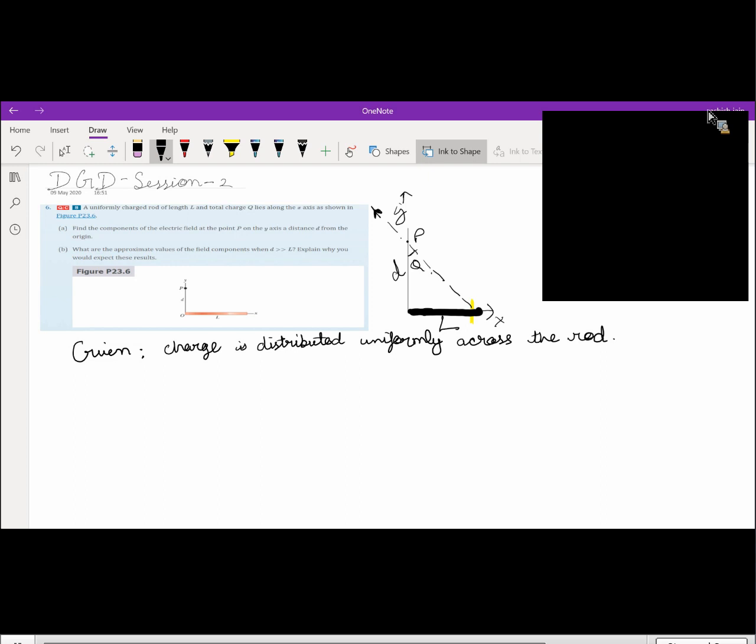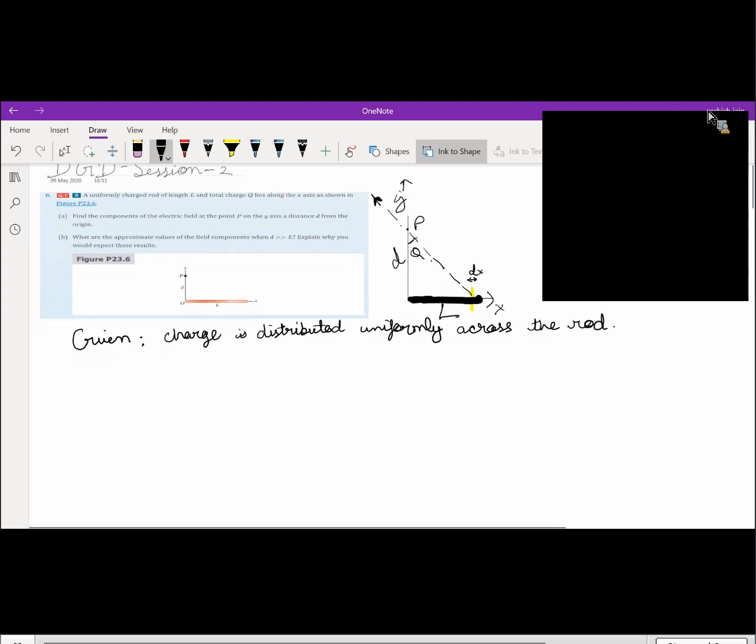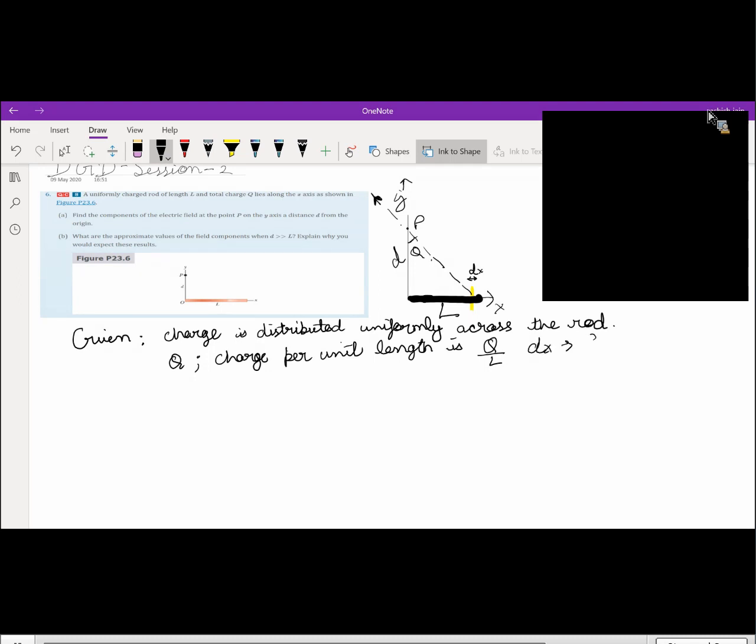So what do we get from this charge distributed across the rod? If I select any length element, let's say dx here, I can find the charge in it. The total charge is Q, so the charge per unit length is Q by L, and the charge in this dx is Q by L into dx. As simple as that.